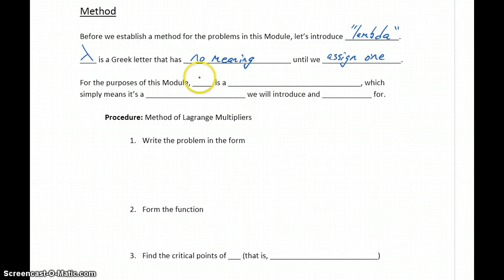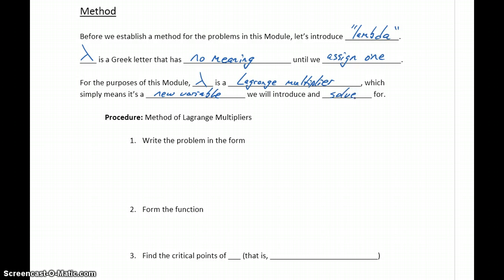But for our purposes, this letter lambda is going to be referred to as a Lagrange multiplier. So again, it doesn't have any special properties. We just treat it like we would any other variable in our problem. So it's simply a new variable which we will introduce and then solve for.